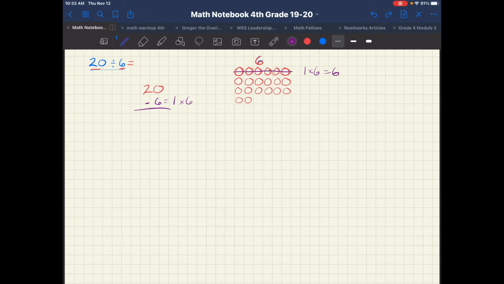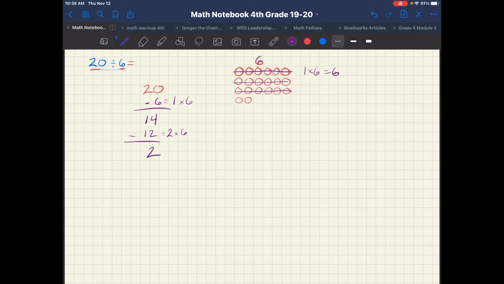So now that I took that 6 away, I have 14 left. I could take one more group of 6, but it looks like I could easily take 2 more groups of 6. So I'm going to do 2 more groups of 6. 2 groups of 6 equals 12. I'll take that away, and I have 2 left.